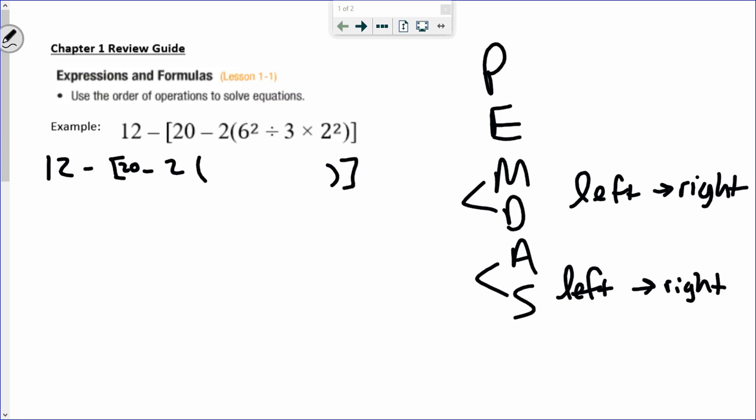So let's simplify the exponents. 6 squared would give me 36, divided by 3 times 2 to the power of 2. That's an exponent, so that is 4. Continuing simplifying inside of the brackets, inside the parentheses I see multiplication and division. I need to work that left to right, so 36 divided by 3 gives me 12.